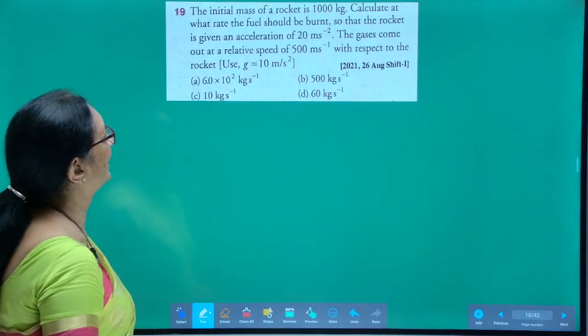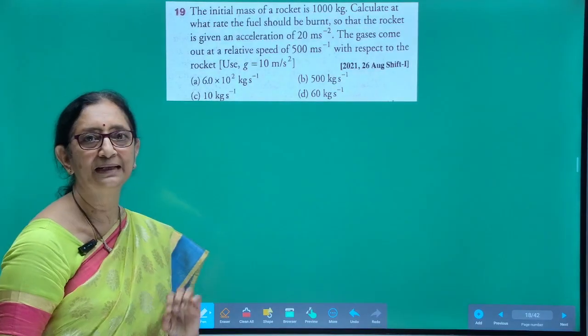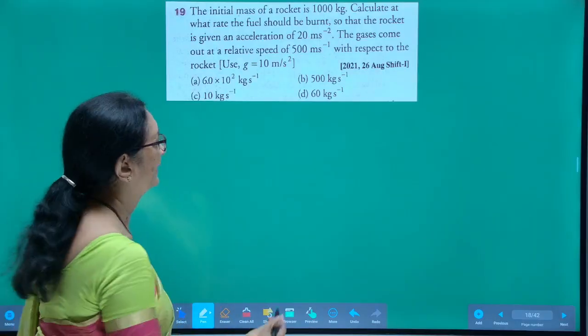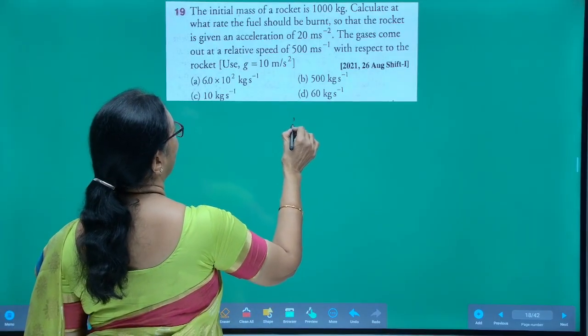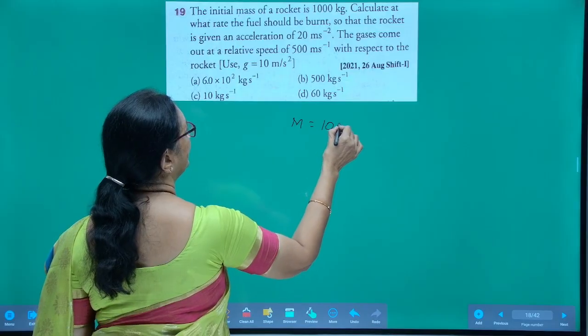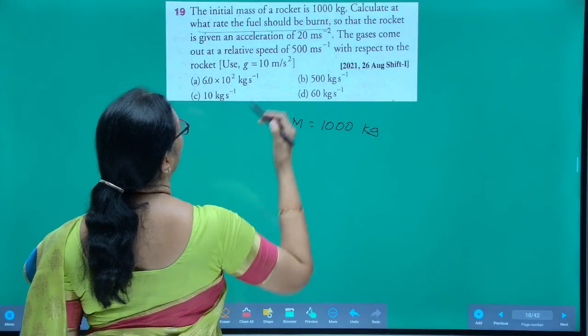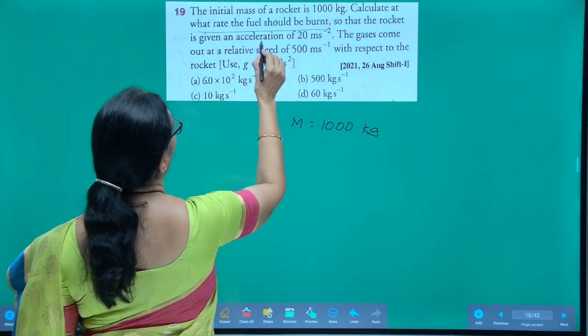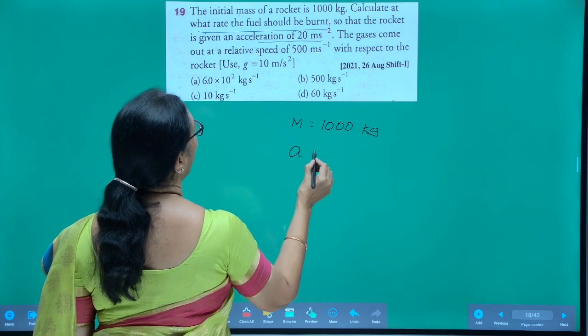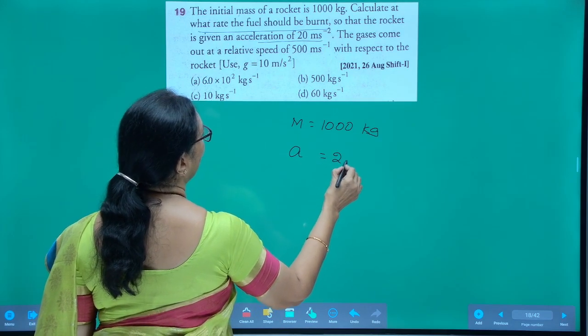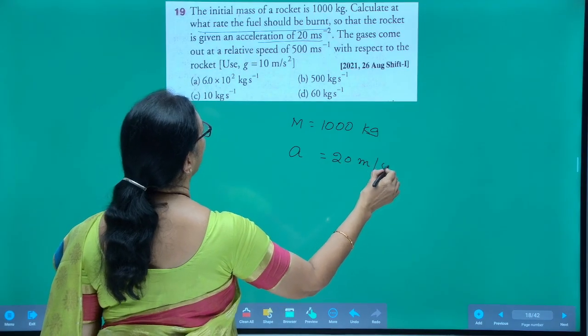The initial mass of a rocket is 1000 kg. So, mass of the rocket is 1000 kg. Calculate the rate at which fuel is burned so that the rocket is given an acceleration 20 meter per second square.